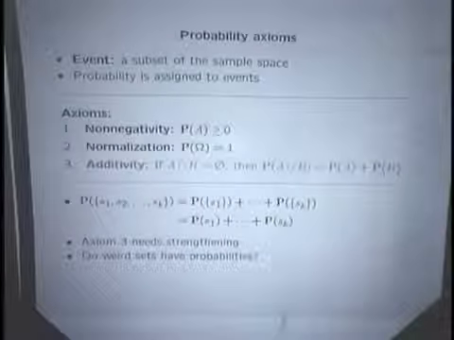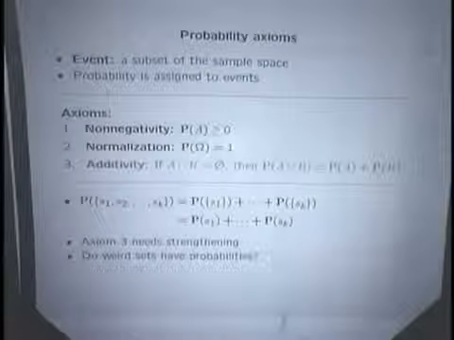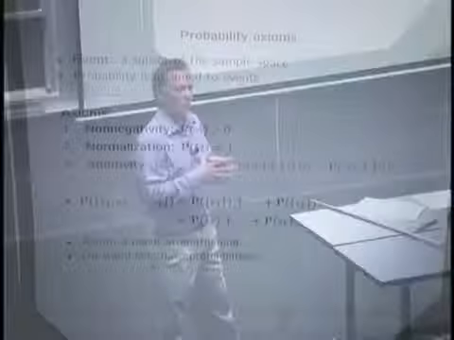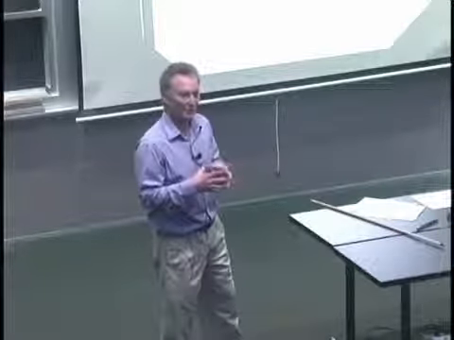We said that an event is a subset of the sample space, and we assign probabilities to events. Does this mean that we are going to assign probability to every possible subset of the sample space? Ideally, we would wish to do that. Unfortunately, this is not always possible.